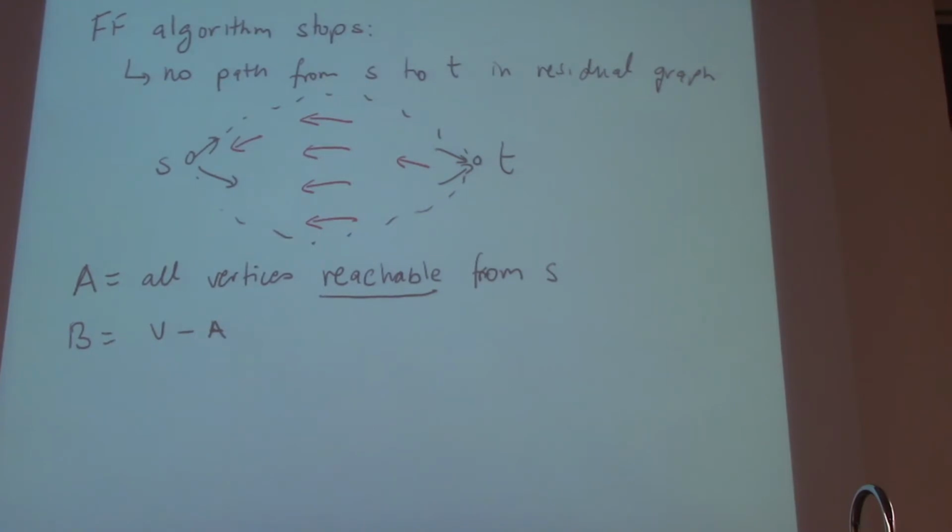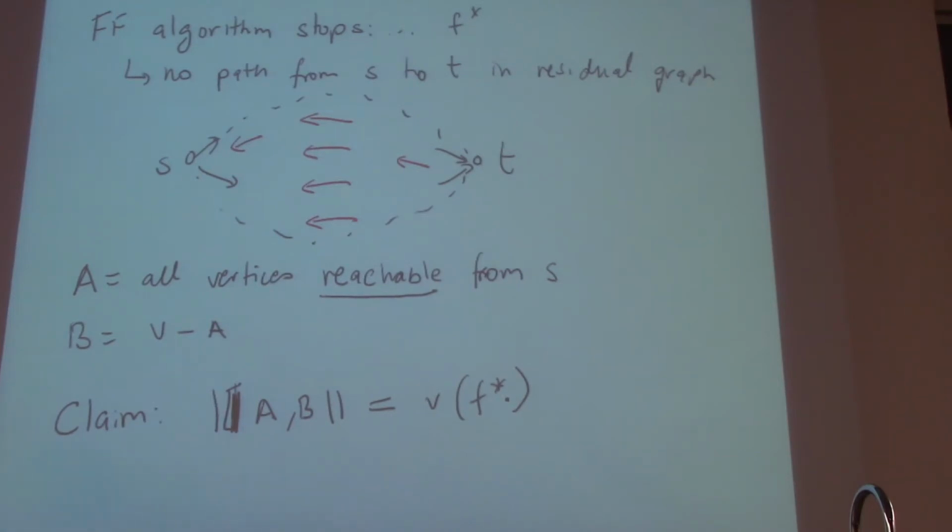Okay. The claim I'm going to make, so let's say the Ford-Fulkerson algorithm stops and the value it gives us is some F star. The claim I'm going to show you now is that the capacity of this cut that I just defined is equal to the value of the flow that defined it.